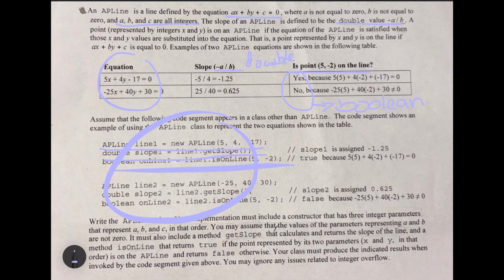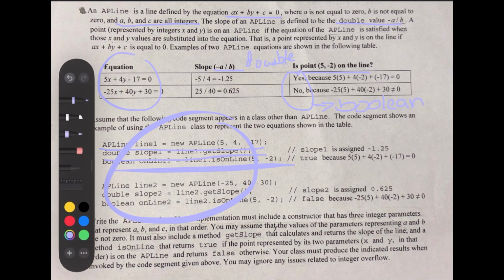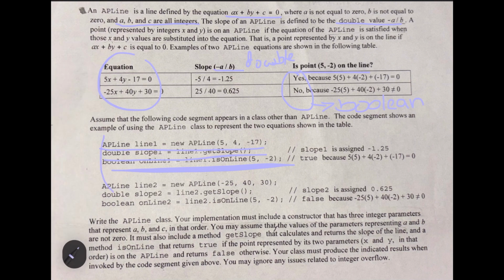I would say this is a tester program for the class that we have to make in this program. Whatever we write for this program is our class, and then to see if our class works, we use a tester, which is this. And these are the answers that we printed out.